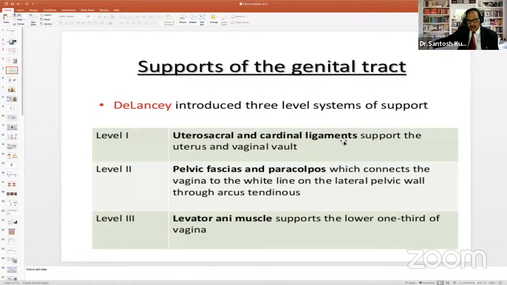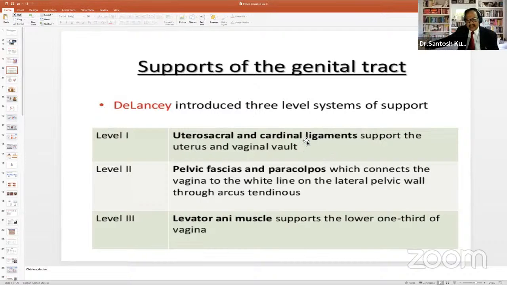So all these ligaments are in the real sense not ligaments. Ligament connects bone to bone. But here soft tissue or ligament is connecting visceral organ to the bone. So in the true sense, this is not a ligament, but its importance is very great in preventing prolapse of pelvic organs.